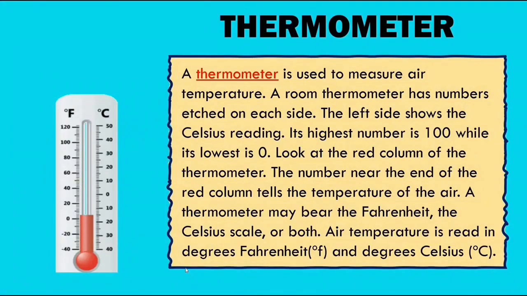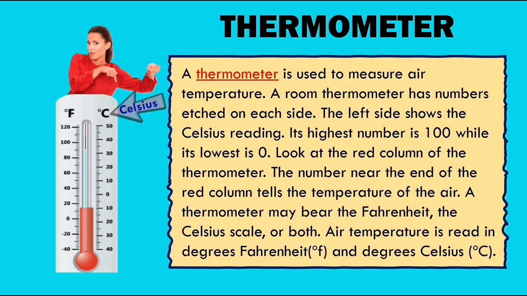What is a thermometer? A thermometer is used to measure air temperature. A room thermometer has numbers etched on each side. The left side shows the Celsius reading. Its highest number is 100, while its lowest is 0.